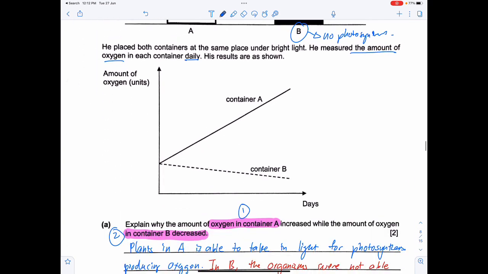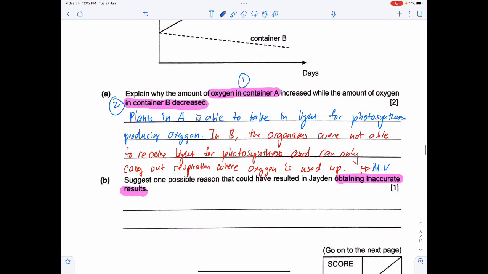Because he did not put in any form of oxygen probe or data logger, the only way that he could have actually measured it would be to open the lid on a daily basis when he measured it.